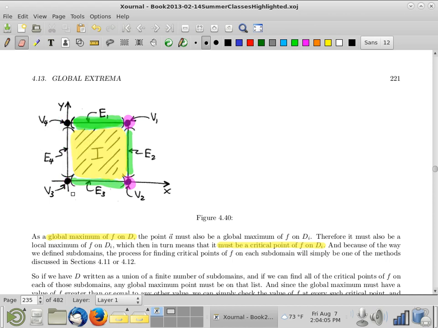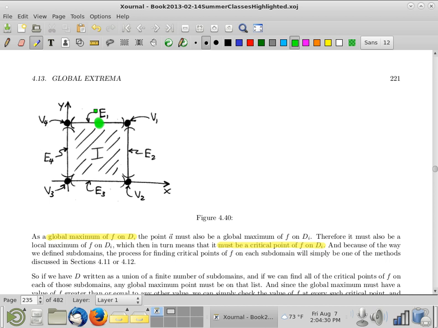Let's think through what would happen if we're looking at a set, like let's say this one, and suppose that there is a global maximum of our objective function, f, somewhere on this domain. Well, if it's on this domain, that means it has to be on one of the subdomains. So let's say, arbitrarily, it's on this edge here.